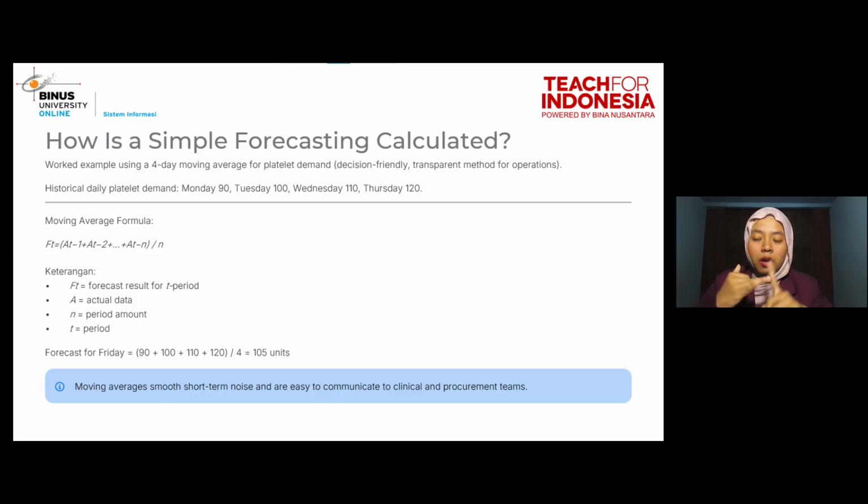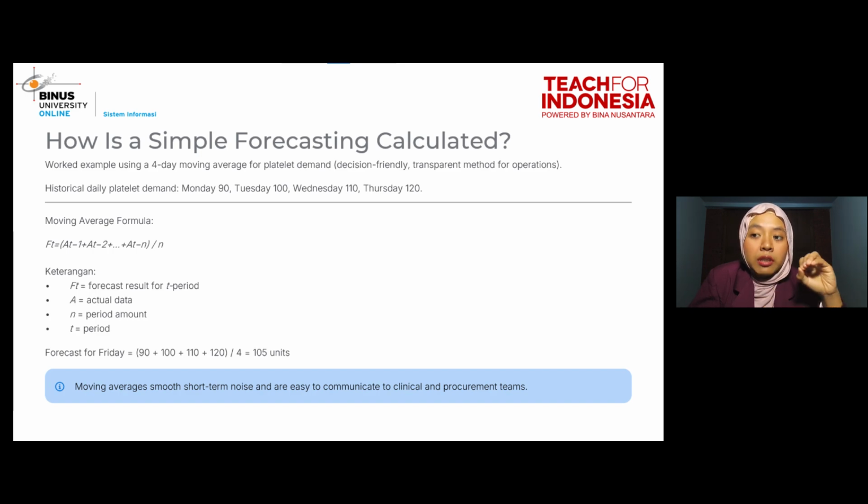So 90 plus 100 plus 110 plus 120 equals 420. Next, we divide by the number of observations, which is 4, from Monday to Thursday. And the result is 105 units. This means the forecasted platelet demand for Friday is 105 units.